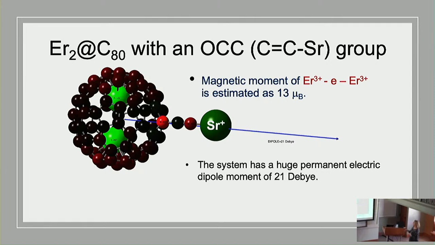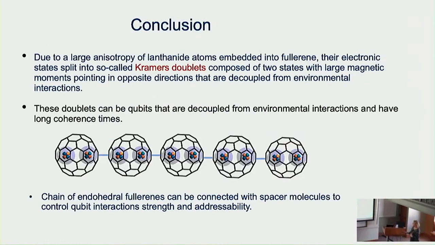So maybe interesting that the magnetic moment of the system inside is 13 Bohr magnetons, and a huge permanent dipole moment, now with all this together.